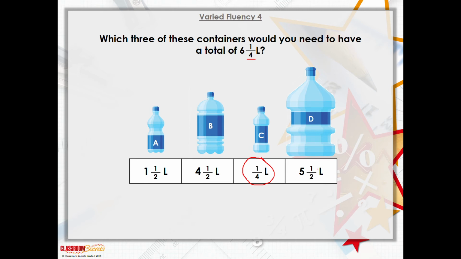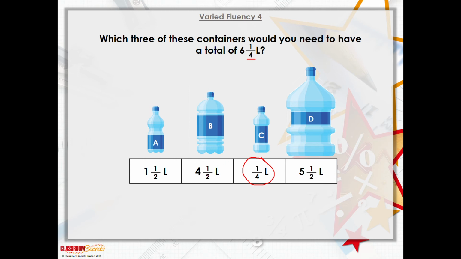So if we had our 5.5 litres, we can add on our 1/4 litre. We can't do that with halves, so we'd have to change this into quarters. So we'd have 2 quarters, add on another quarter, so that would give us 5 3/4 litres altogether.